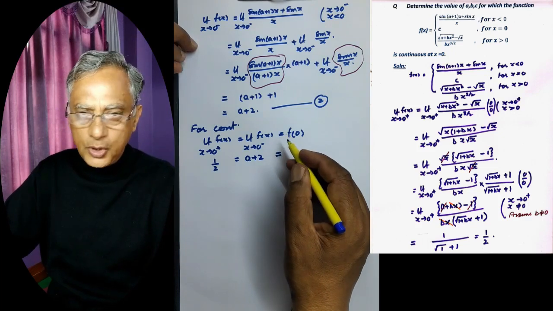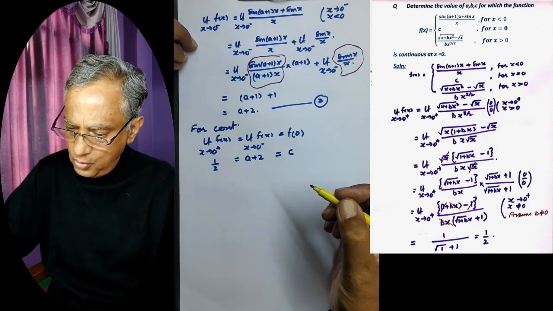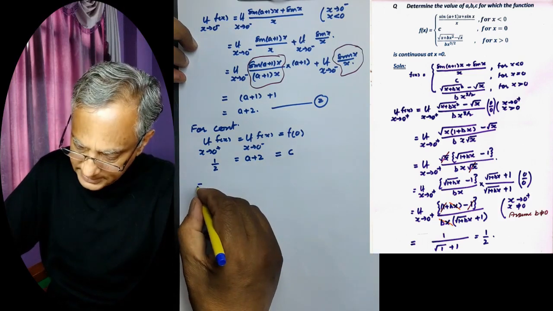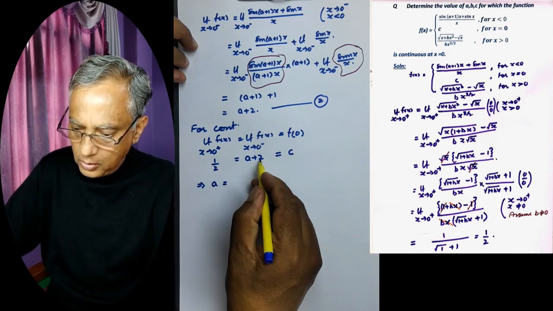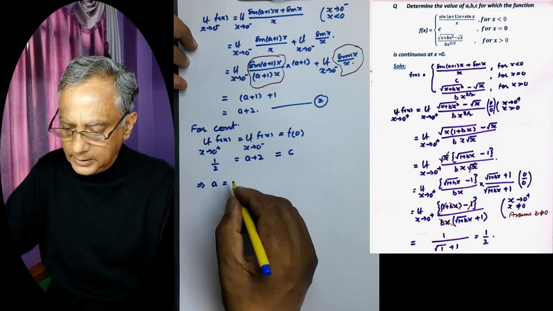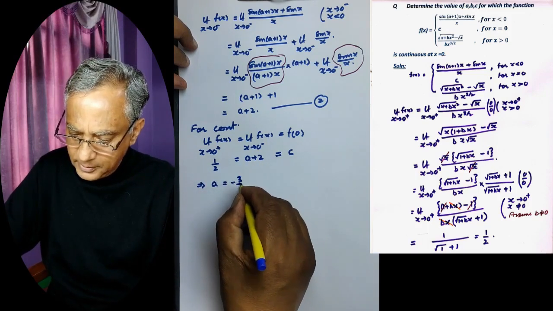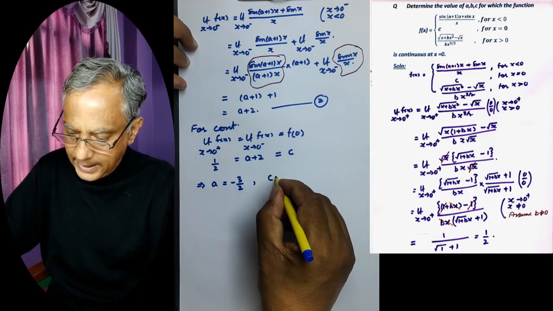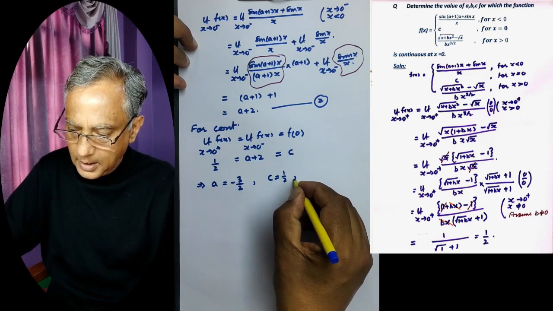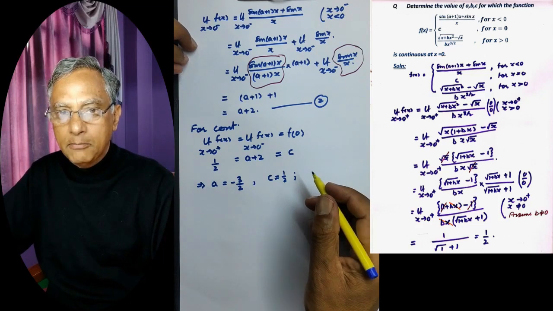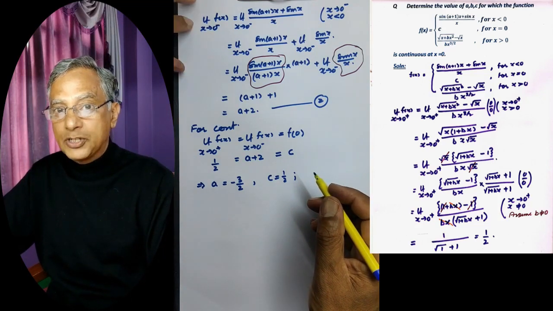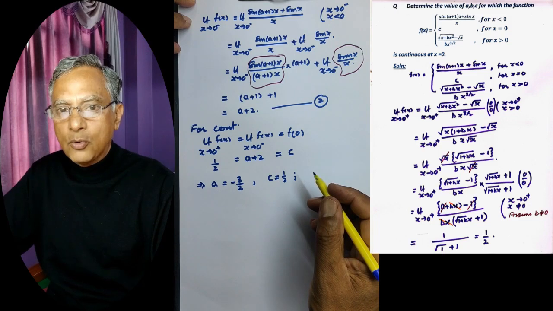At x equal to 0 we have f(x) equal to c, and this implies a is equal to, now take 2 to the other side, we will have minus 3 by 2, and c is half. There is no restriction on b, but we have cancelled b, and at that stage we assumed b is not equal to 0.